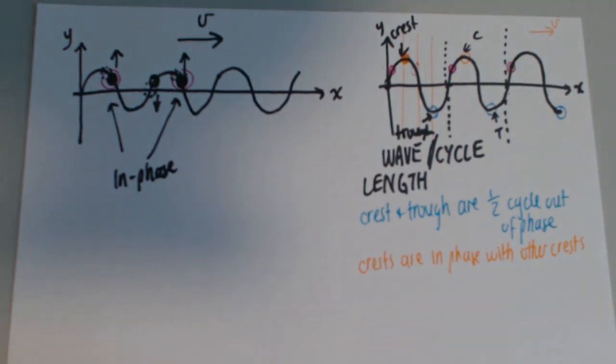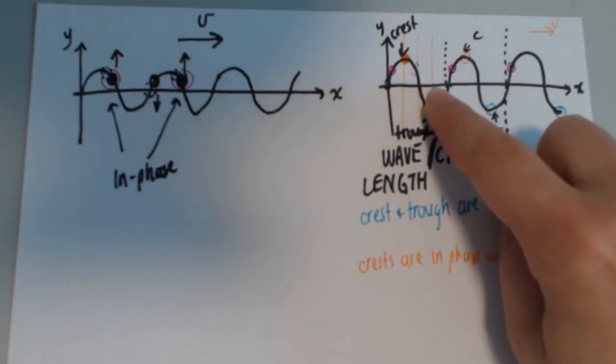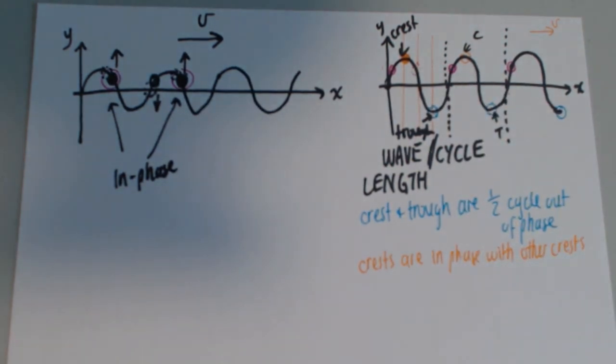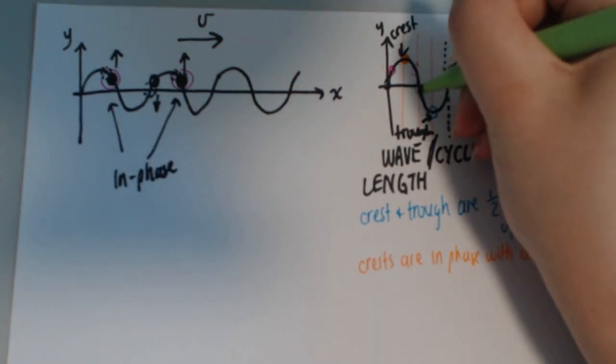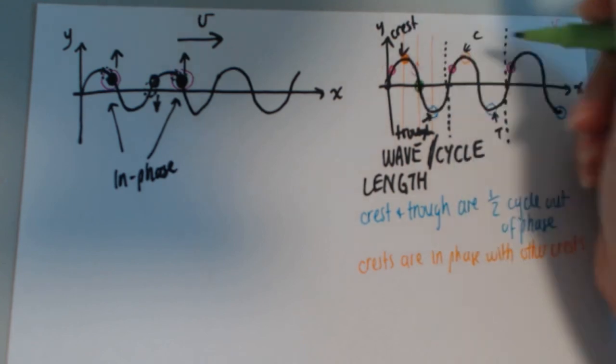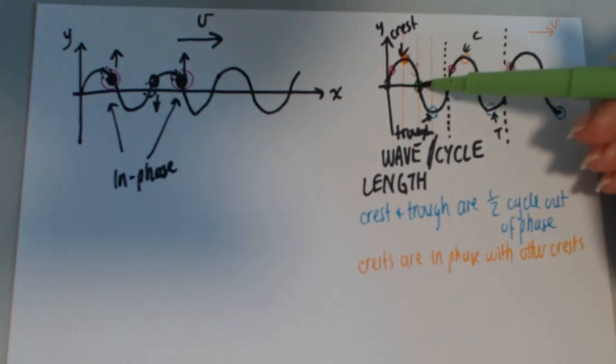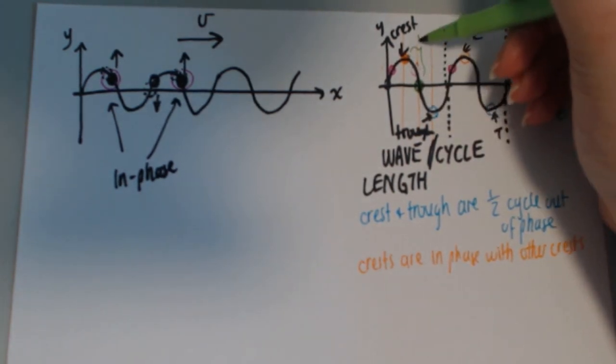So you just have to pick 2 points that are off by this amount of spacing. That would be a quarter cycle out of phase. So if I pick that crest with this location right here, these 2 points are a quarter cycle out of phase.